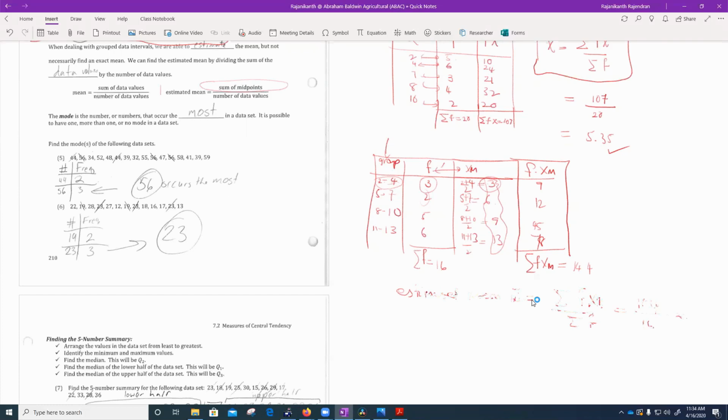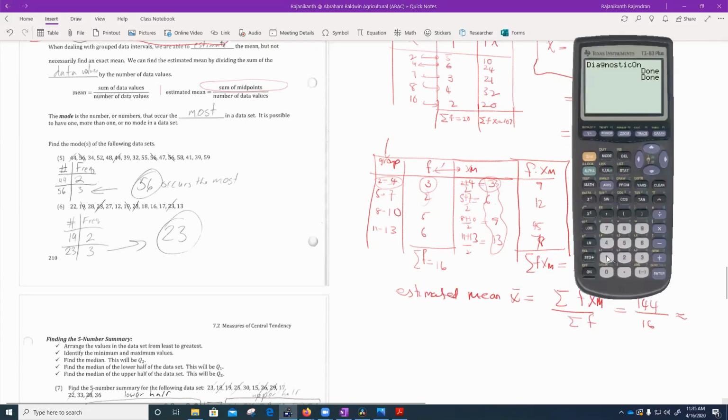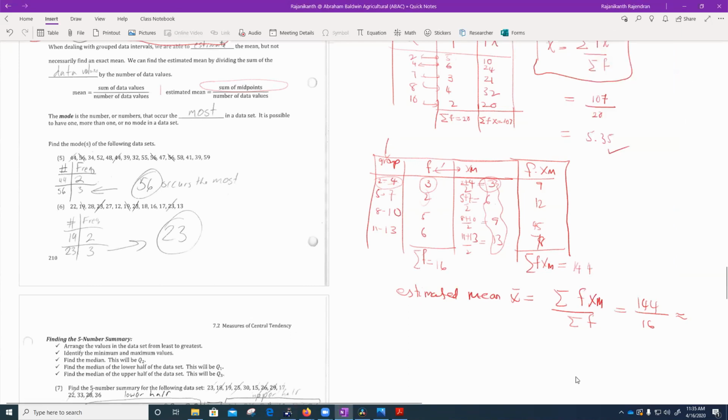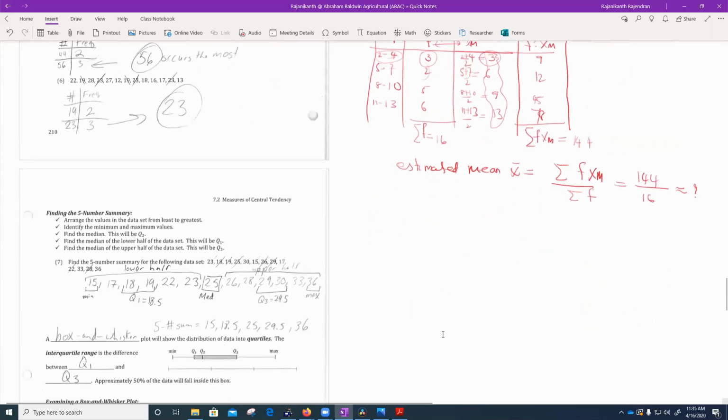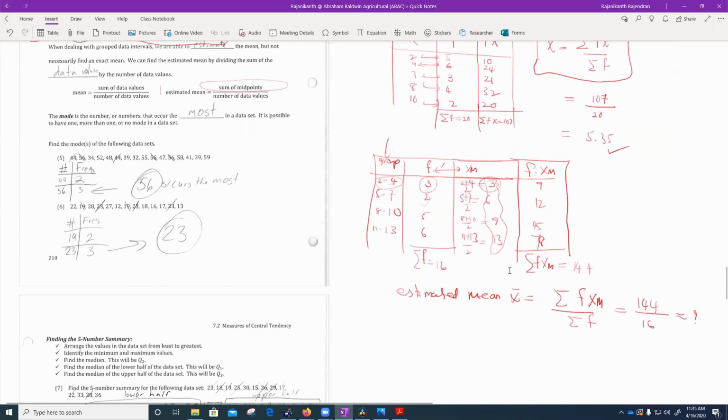What is that? 144 divided by 16. 9. Exactly 9, you're good. So that is the estimated mean for this problem.